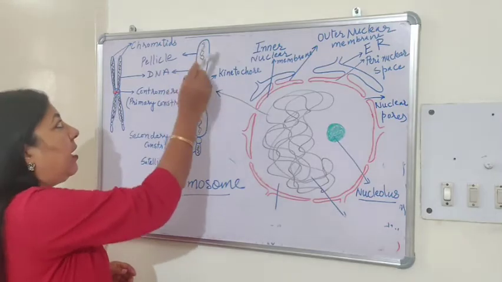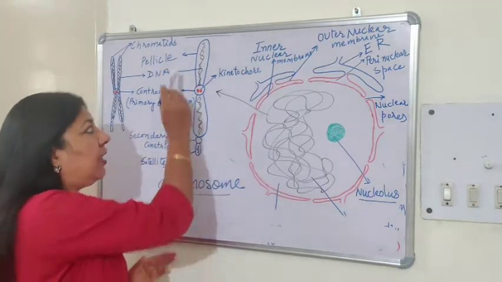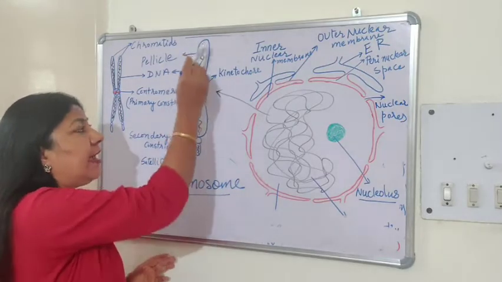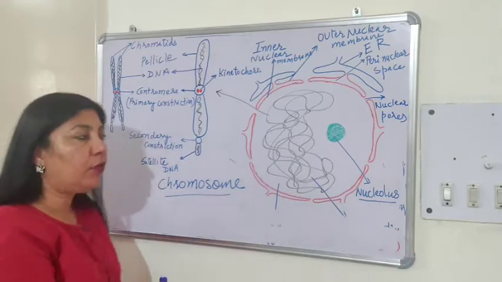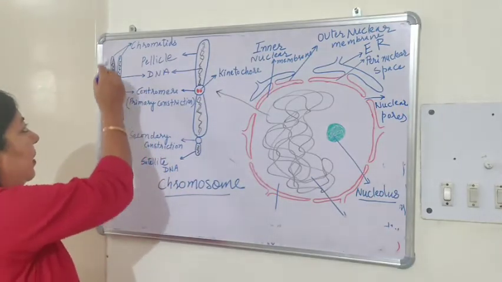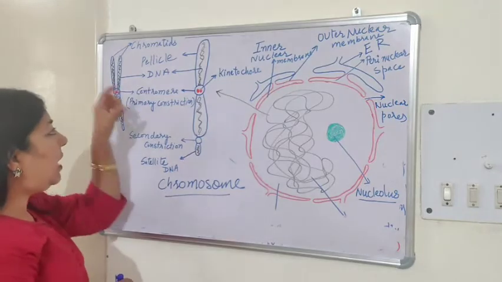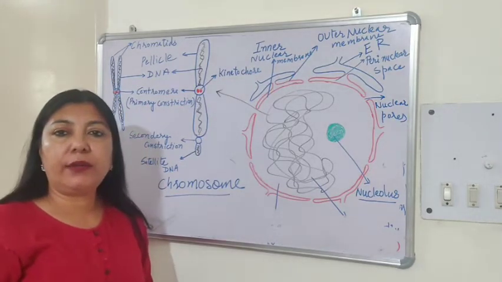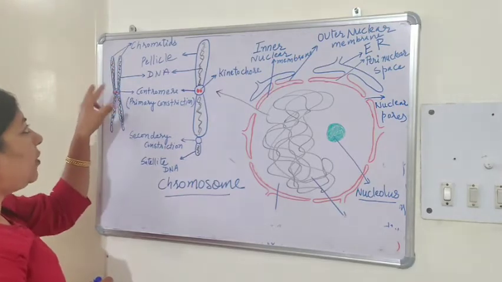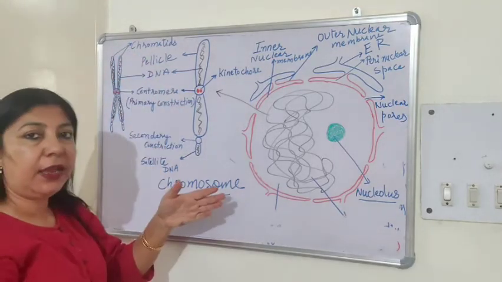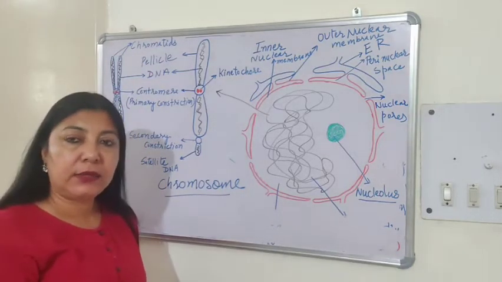Now, when the cell division takes place, initially the chromosome looks like this, but later on it splits lengthwise. You can see here, it splits lengthwise and remains connected only at the centromere. And these two arms which are produced after splitting are called chromatids.